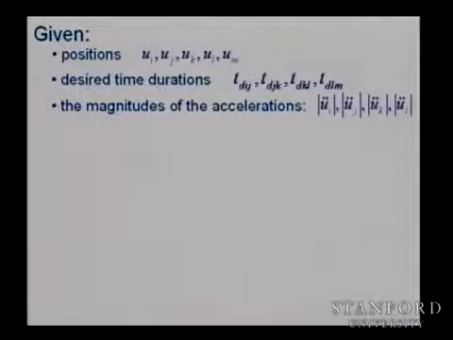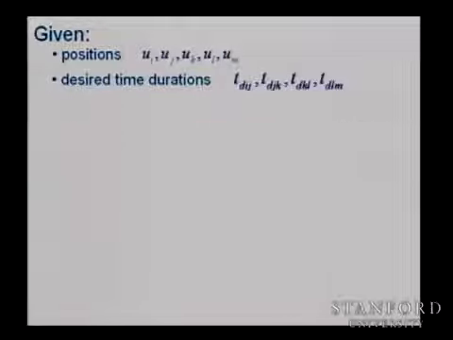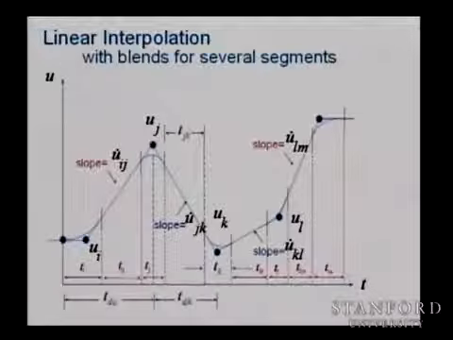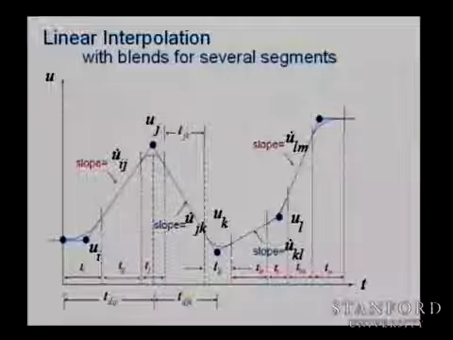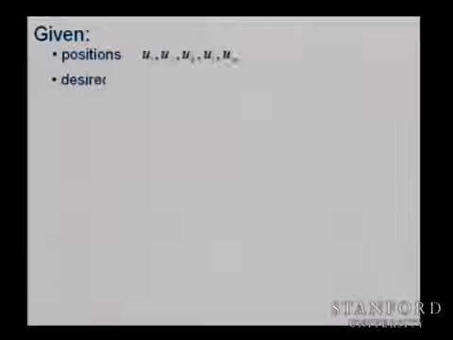So desired time duration. And then the other thing that is given or can be computed is the magnitude of the acceleration. So usually this is a certain limit for the particular joint that we are using. Say, it can't go faster than that, or with faster acceleration than that, and that would be your number. This is not denoted here obviously because it's not a graphic term, but the magnitude of acceleration is given as well.